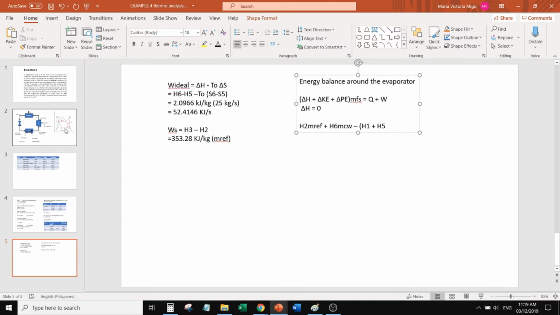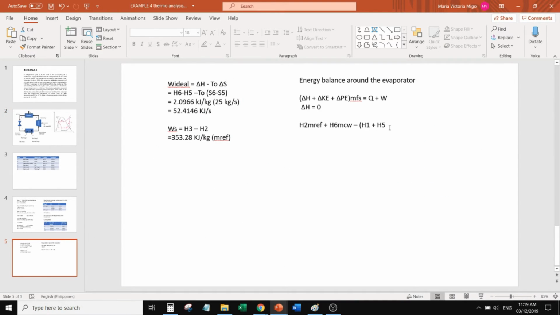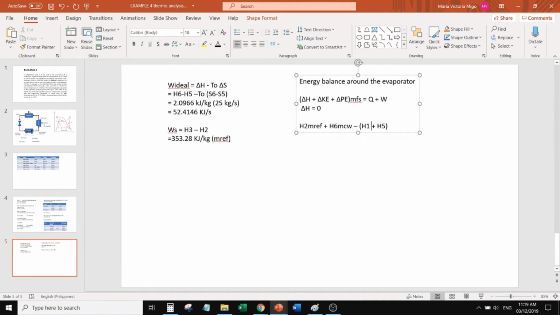Inputs H1 and H5, and we need to multiply by the mass flow rates, equal to 0. So, rearranging so that all enthalpies with the same mass flow rates are grouped together.